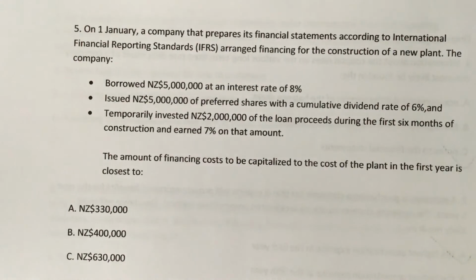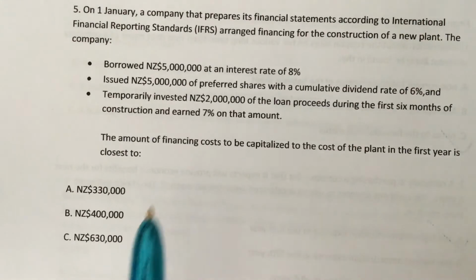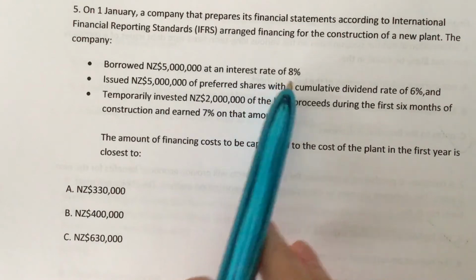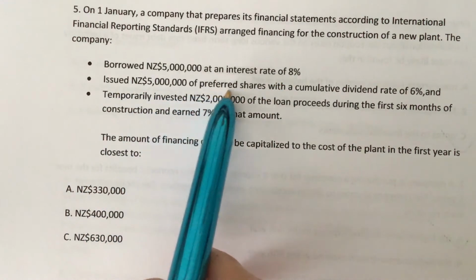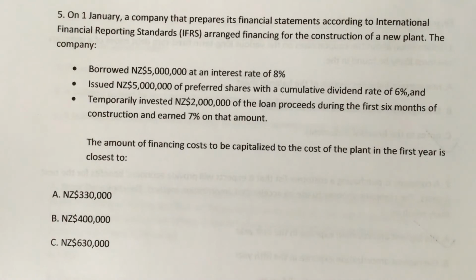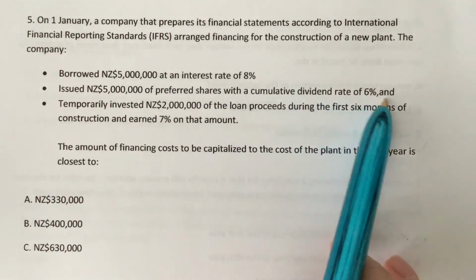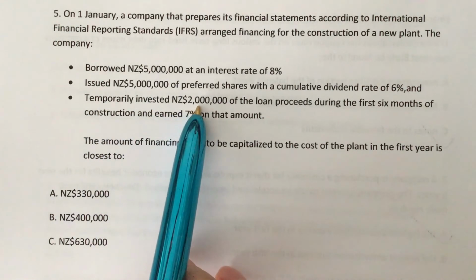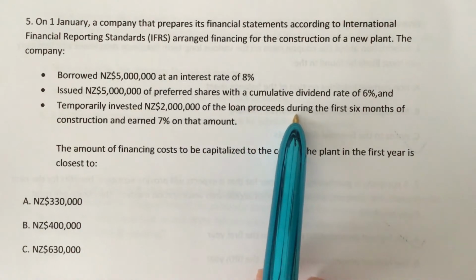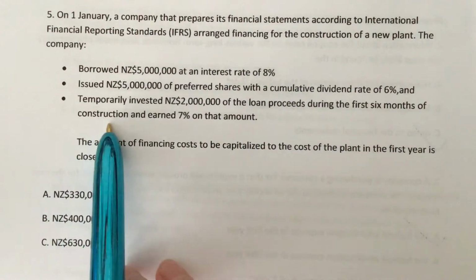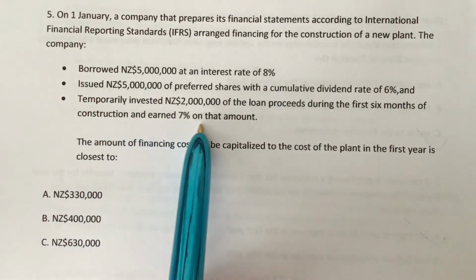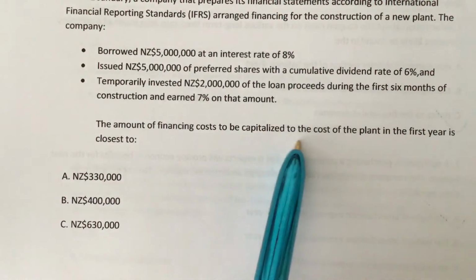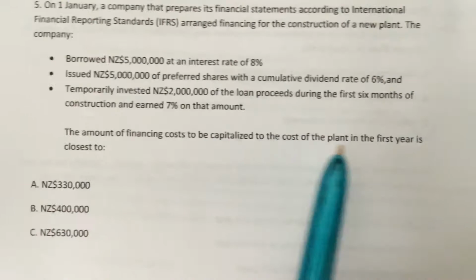The company borrowed New Zealand dollars of 5 million at an interest rate of 8%, issued $5 million of preferred shares with a cumulative dividend rate of 6%, and temporarily invested $2 million of the loan proceeds during the first 6 months of the construction and earned 7% on that amount. The amount of financing cost to be capitalized to the cost of the plant in the first year is closest to.